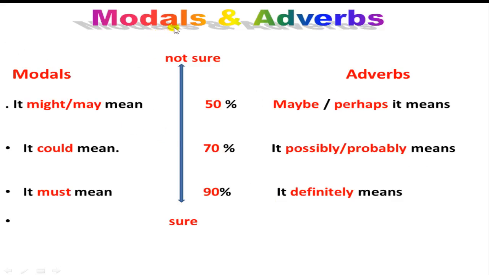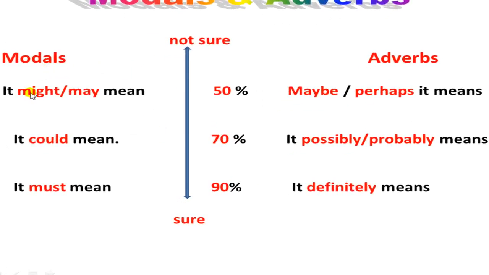Here we talk about modals and adverbs. In modals, like may, might, can, could, must, shall, should. If I'm not sure, we say it might mean, it may mean, 50%. It could mean 70%. It must mean 90%.